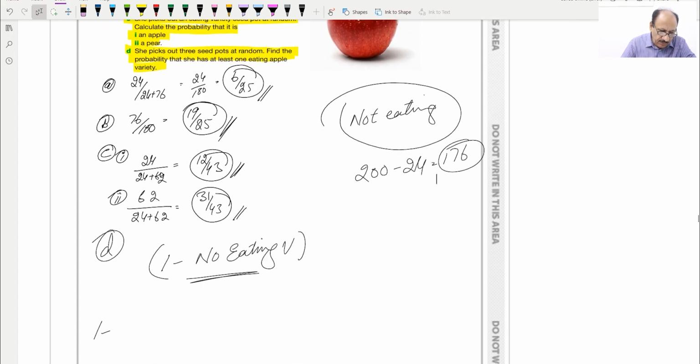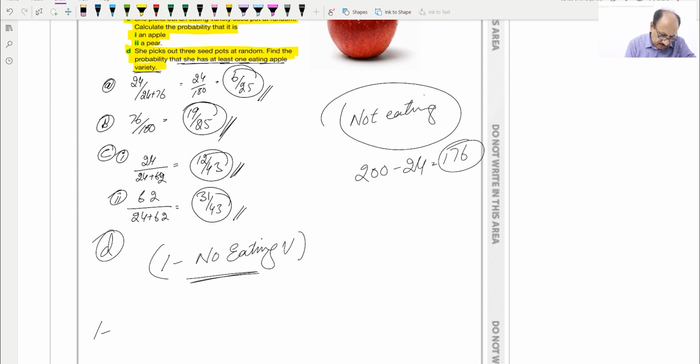She picks, and the probability that she has at least one eating apple variety. So not apple and not eating apple, both will be included in this one, which will be 200. Total is 200. So apple is 24, so not apple and not eating will be 176.